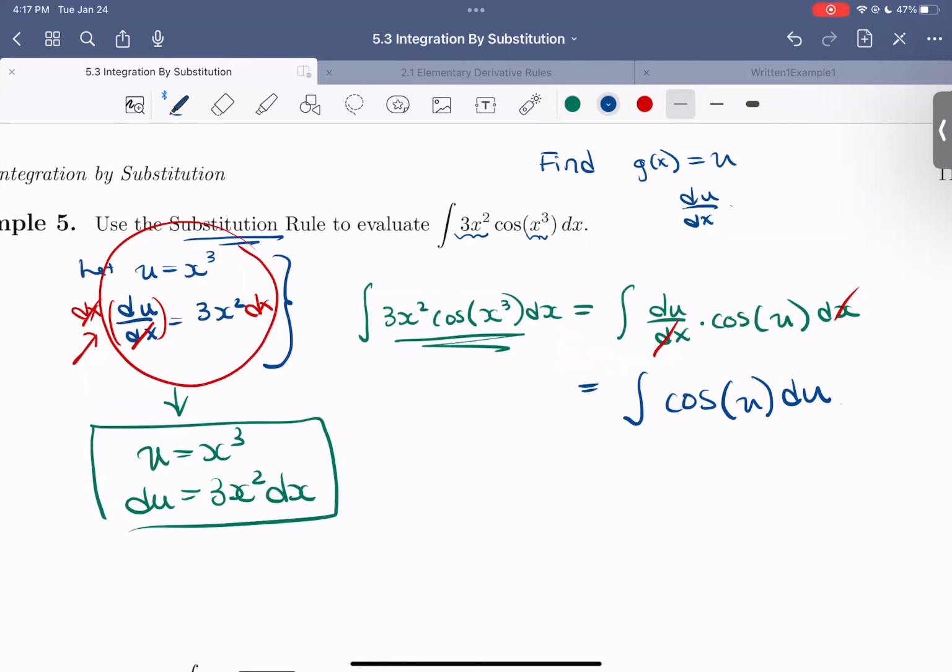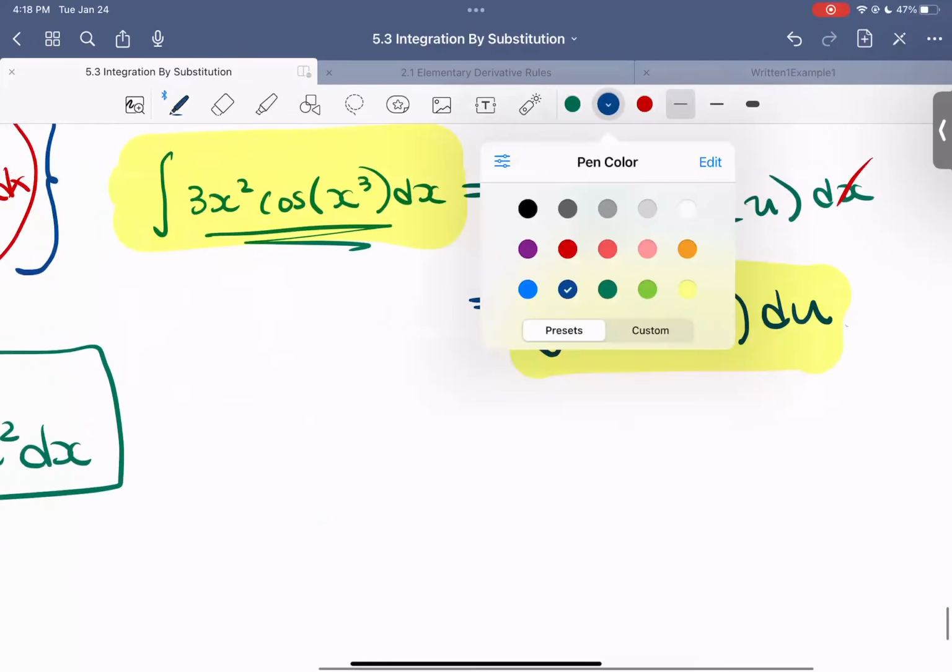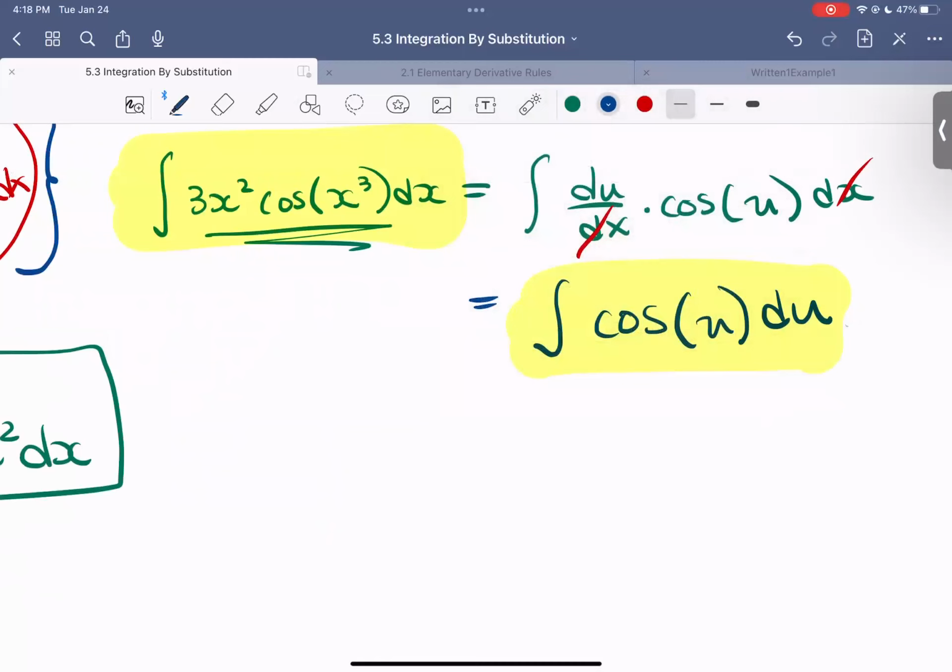Awesome. So the substitution rule says that this is legitimate. It says that we can convert a function using x's, if we're able to find a u and a du in that integral, into an equivalent integral just using u's. Okay, why is that helpful? Well, now what do we have? We have the integral of cosine of u. So now we can think about what the antiderivative of cosine of u is.